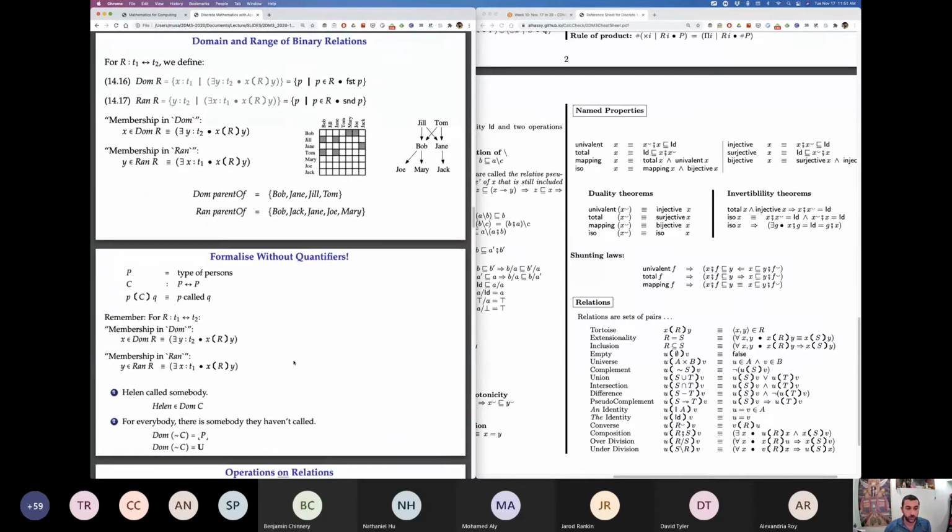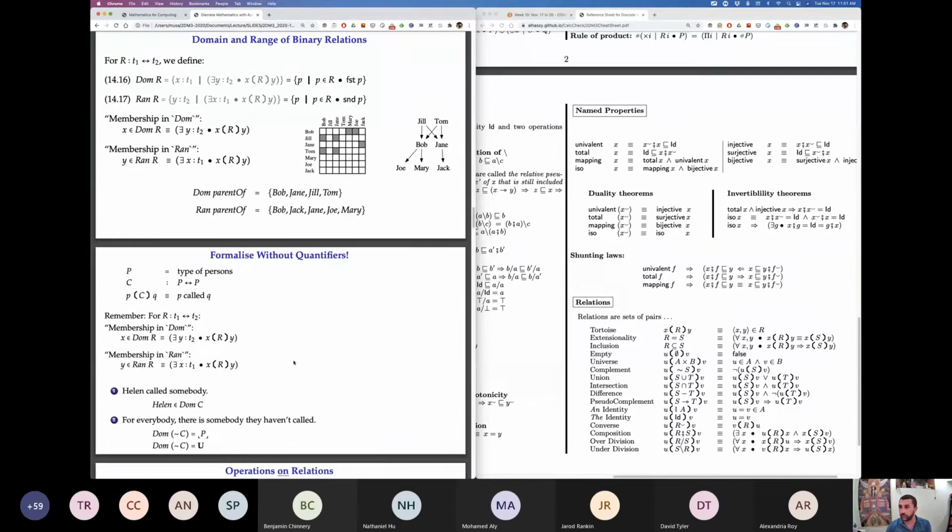So last time we quickly made it to domain and range. So that was a lot of review. So to be inside the domain of a relation means you consider the graph, and that means you're at the start of a line. To be in the range means you're at the end of a line. So for example, Bob is inside the domain of this relation.